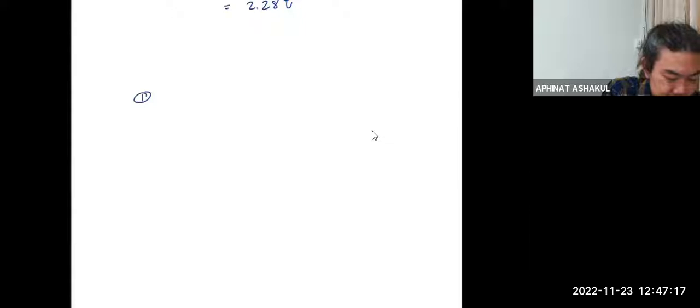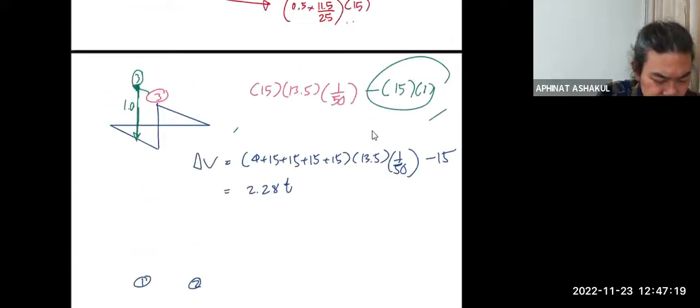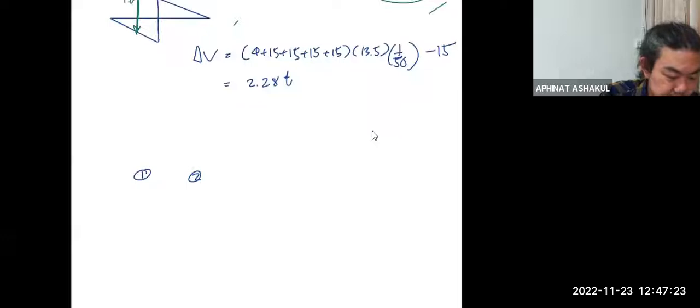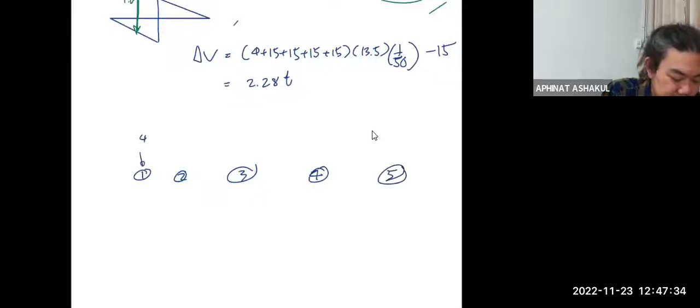Load number 1, number 2. You guys are writing 1, 2, 3, 4, 5, okay? Something like that. I think this is 4. That's 15, 15, 15, and 15.